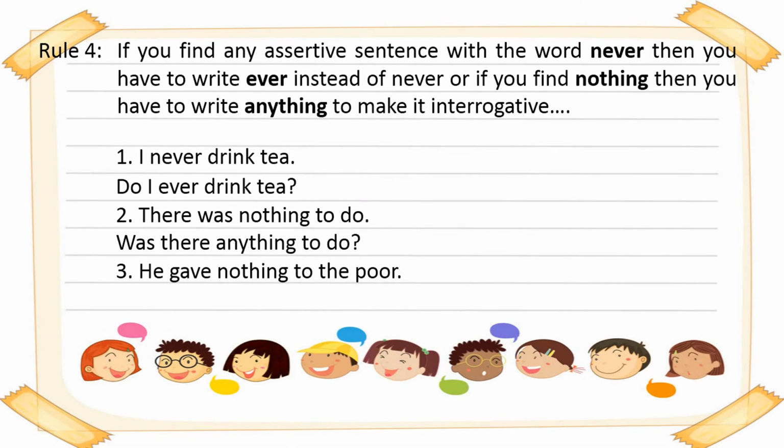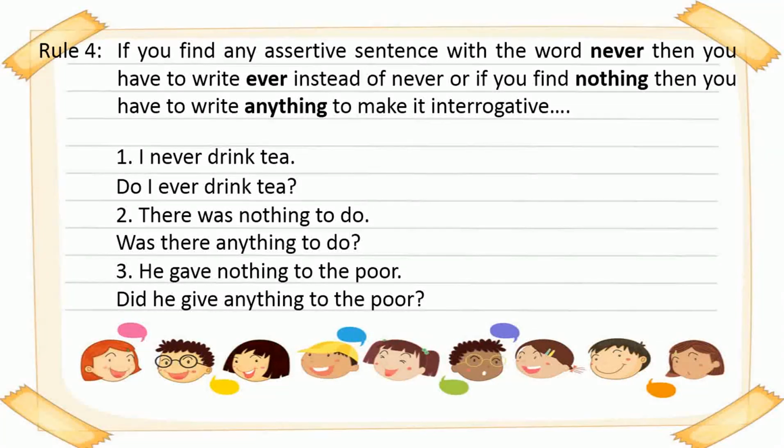Here we don't have any auxiliary verb, so you have to use don't, doesn't or didn't. This sentence is past indefinite, so you have to use didn't. Did he give anything to the poor? You have to write the base form of the verb also. This is the rule exactly.